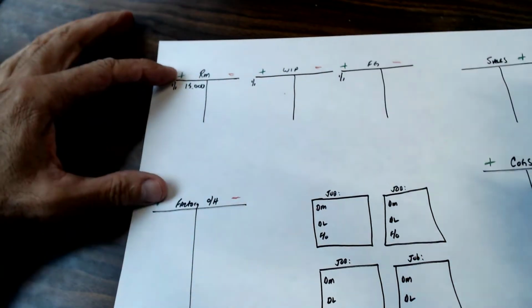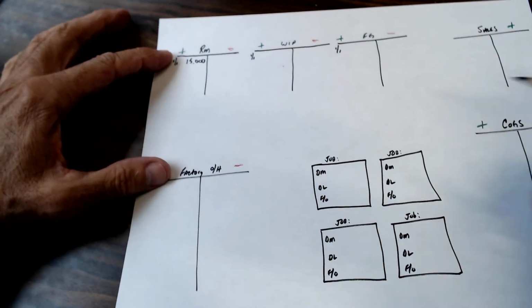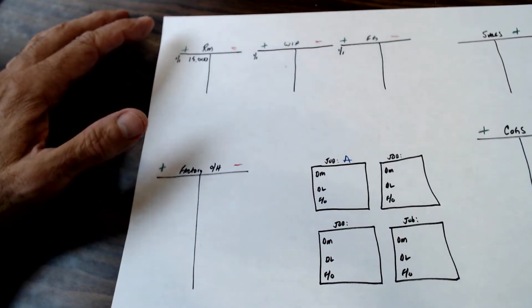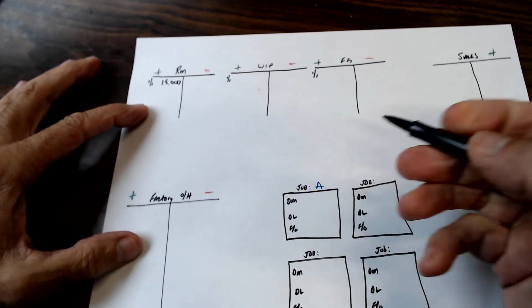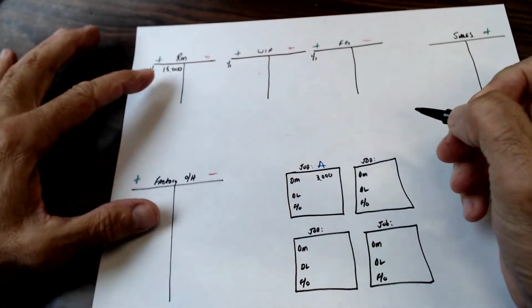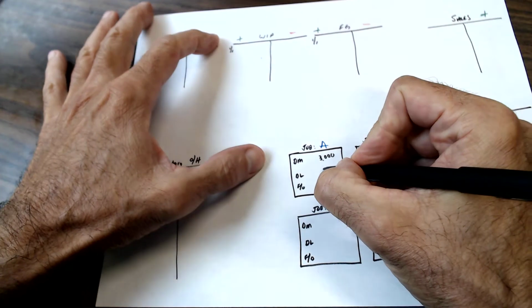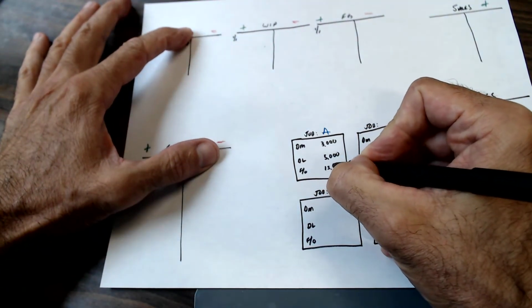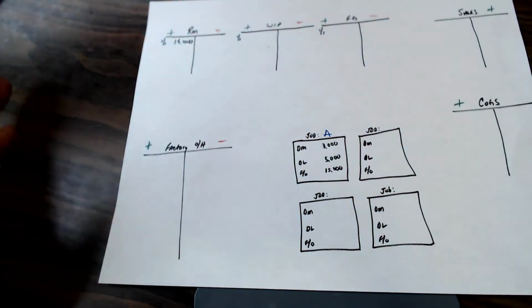Work in process. I have one job that I started back in December, and that's job A. Back in December, I had put $3,000 of materials, I had labor of $5,000, and I had $15,000 of factory overhead from December.